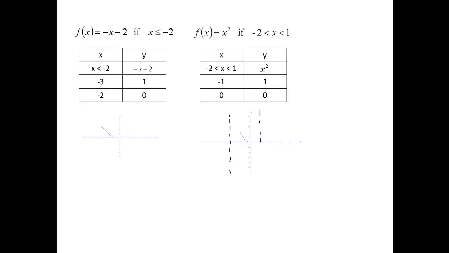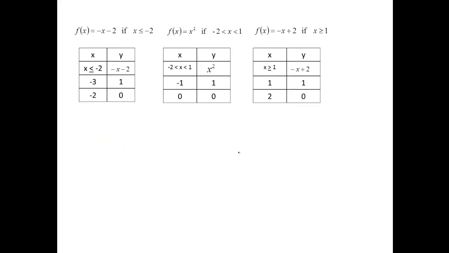The dots that we've graphed are these two, minus 1, 1, and 0, 0. And we know what x squared looks like. X squared is a parabola, so it's going to have this shape to it. Now there's some gap in between here that we'll talk about a little bit later.